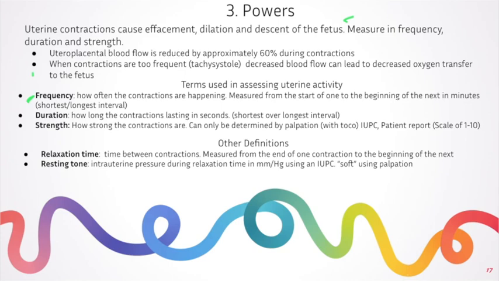And then as that contraction goes away, it's going to get softer and softer. So your responsibility is to verify by palpation that the patient's not contracting. There's a resting period in between your contractions, and then you're palpating the strength of your contractions as well as asking her, okay? Now, when she has an internal monitor in that picks up the contractions, called an IUPC, intrauterine pressure catheter, that will actually measure the strength for you.